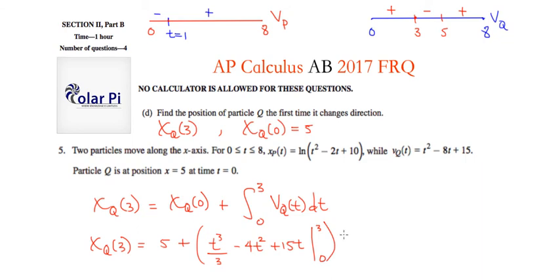And so if we plug in 3, we get 3 cubed, which is 27 divided by 3, that's 9, so we have 5 plus 9, and then 3 squared times negative 4 is negative 4 times 9, so that's minus 36. That's a lot of negatives. And then plus 15 times 3, thank God. That saves the day. So that's going to be plus 45, right?